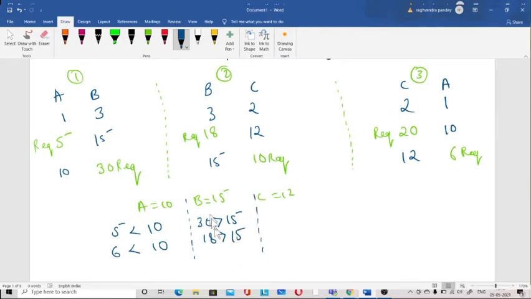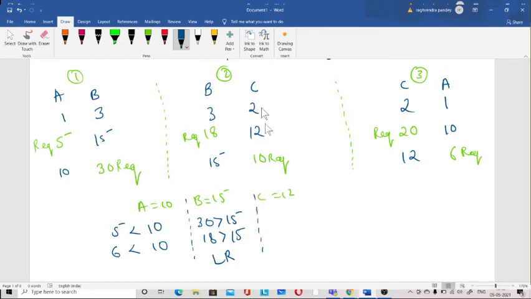So in both cases, B has a requirement greater than the given quantity, 30 and 18. So in both cases it has the limiting reagent condition, so it is the limiting reagent.